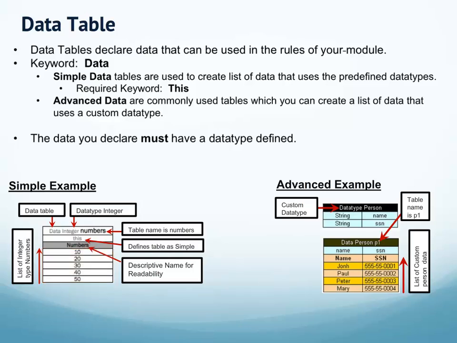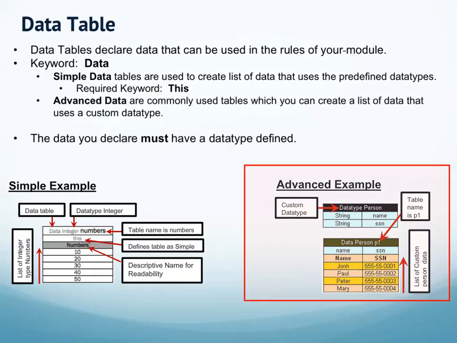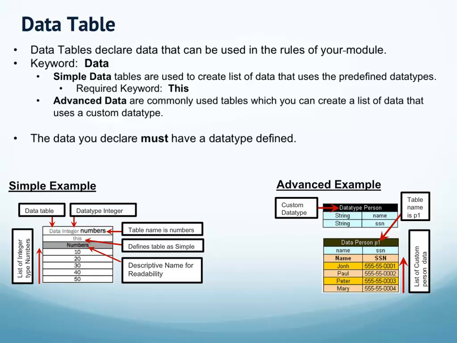On the other side, we have this advanced example, in which we're creating a custom data type or data structure for a person, which will collect a person's information, which will include both their name and social security number. The advanced data table is very important as you are going to use this a lot as you test your rules.